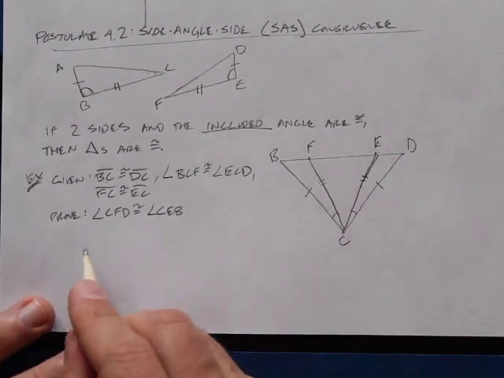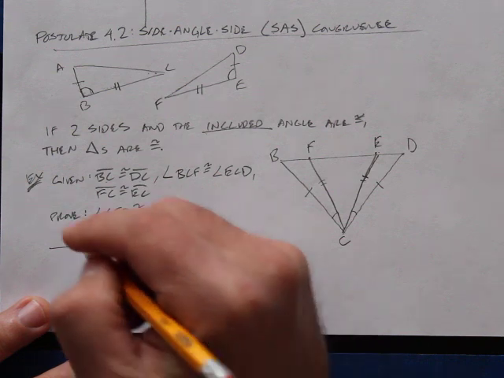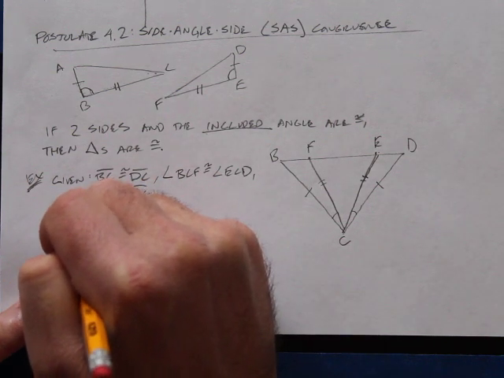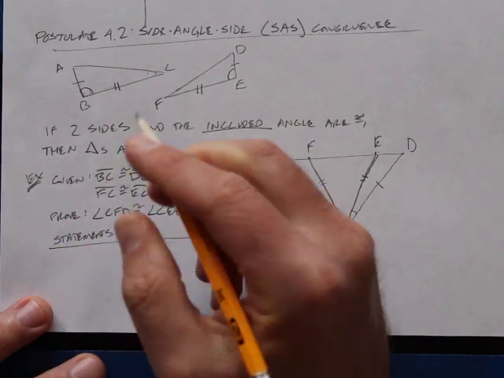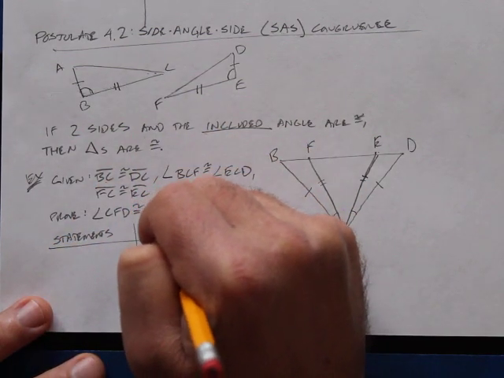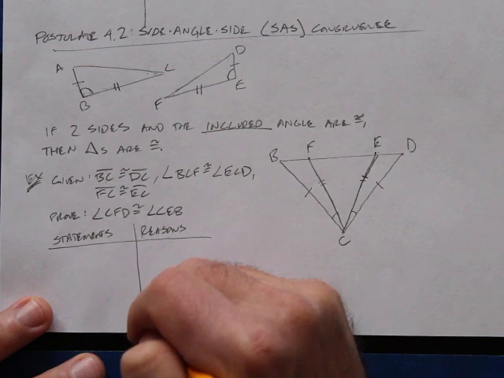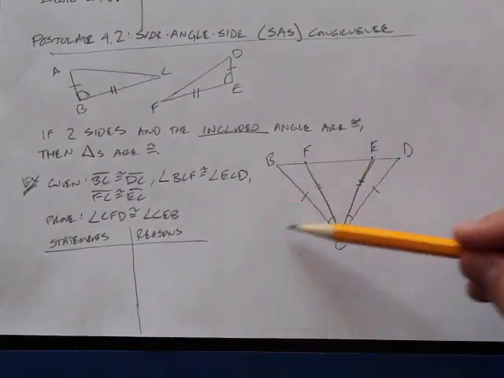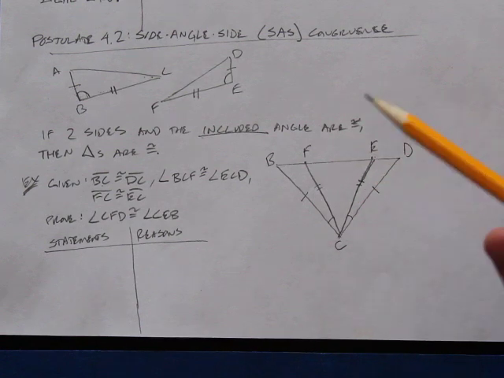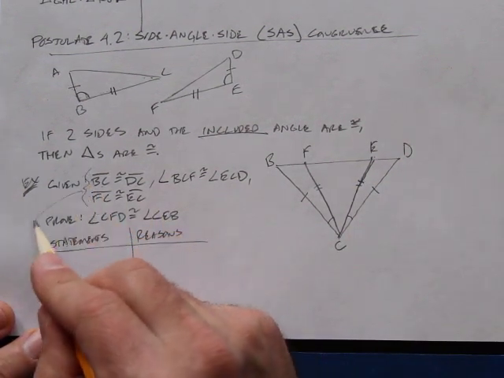Okay, so let's get our proof started here. Statements and reasons. Hopefully this is enough room down here. So let's come up with a plan first. We're going to take all of the given and put that right there.